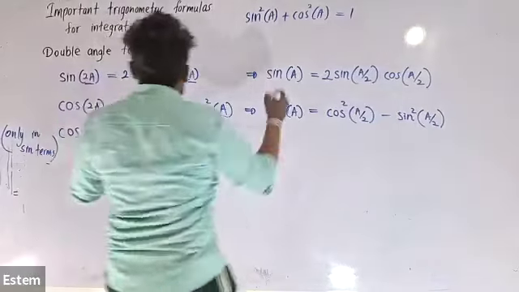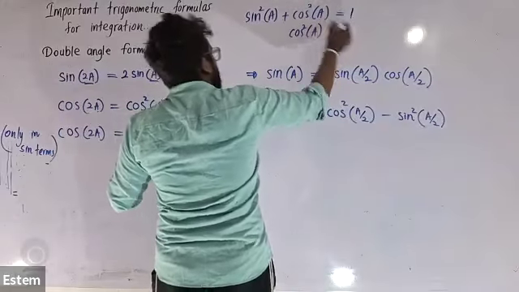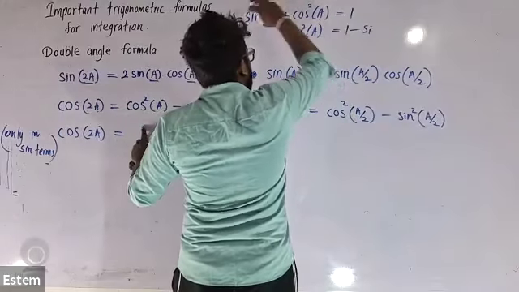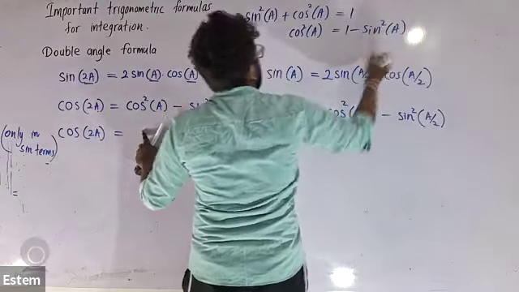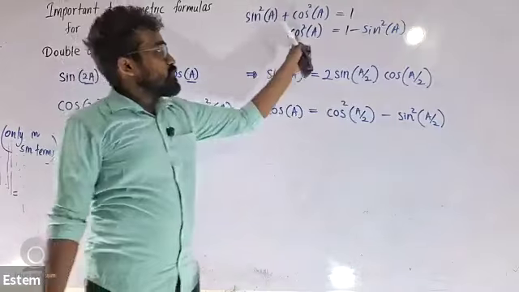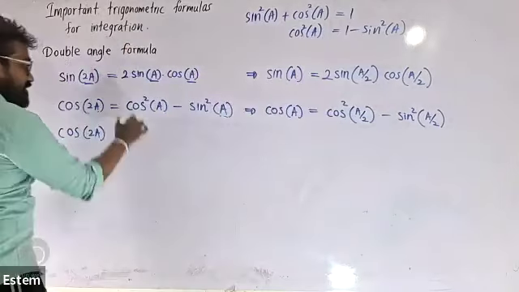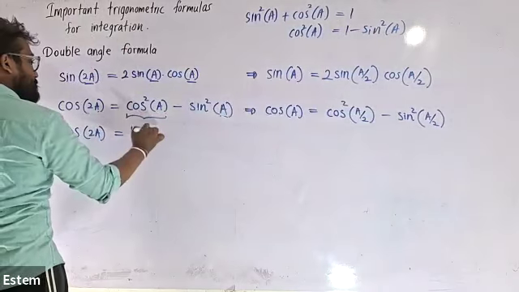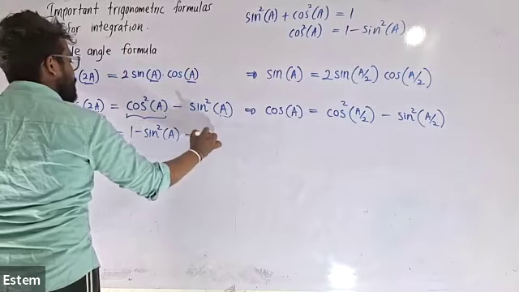Now what is the value of cos squared a? I can get it by moving this sin squared a to this side. It is 1 minus sin squared a. So cos squared a can be replaced by 1 minus sin squared a. And here there is another sin squared a.